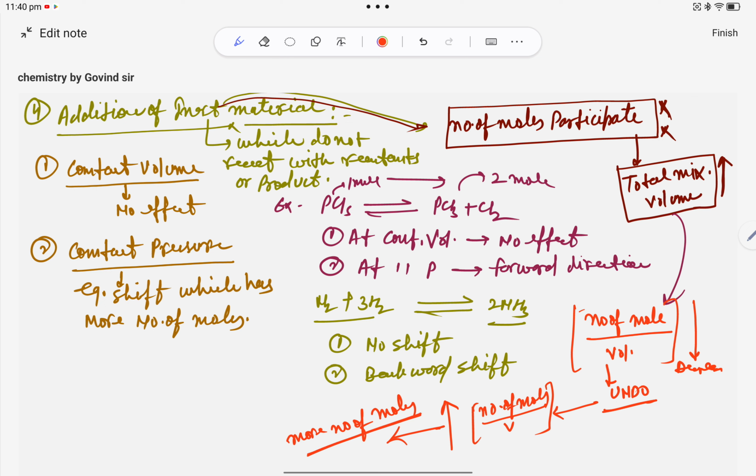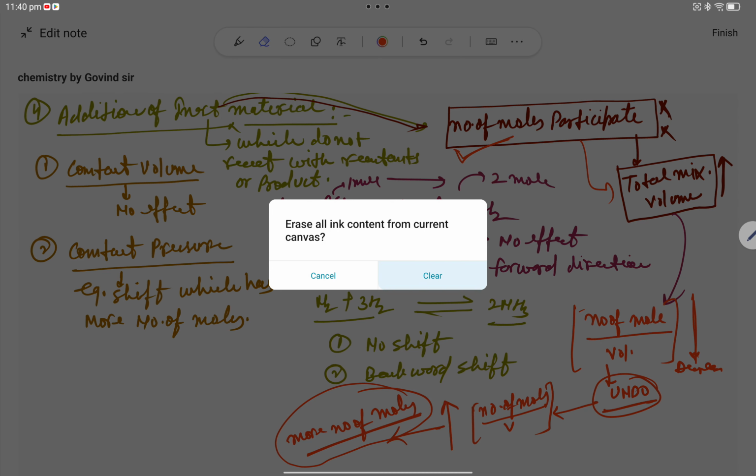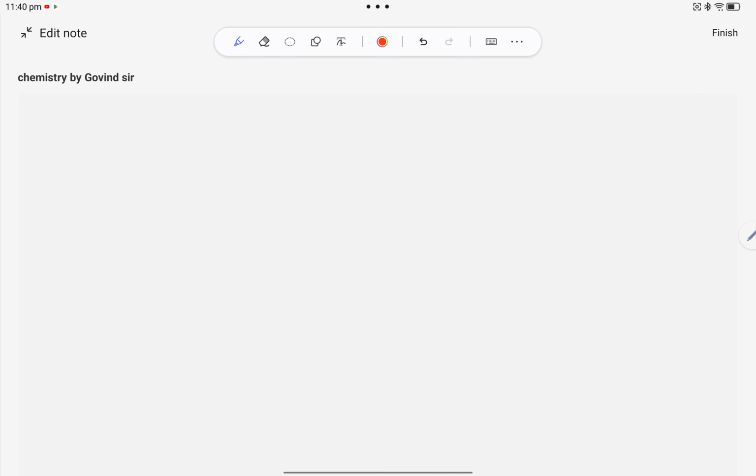That is the concept. Once again, the number of moles participating does not increase but the mixture volume increases, which means concentration decreases. Then the equilibrium wants to undo the change, so it wants to increase the concentration, and that happens where you have more number of moles. So these are the 4 points of Le Chatelier's principle. One question will solve and wrap up this lecture. It is enough explanation about the process.